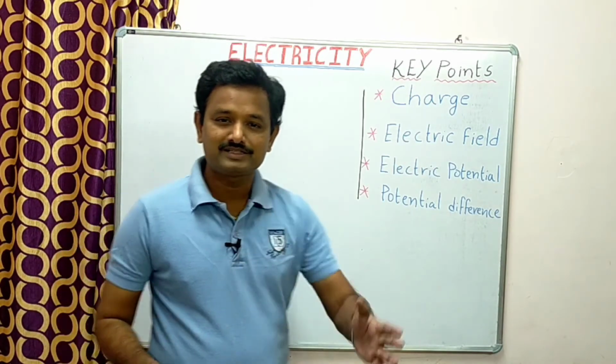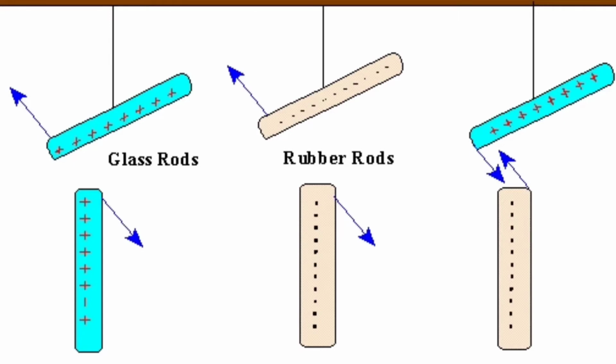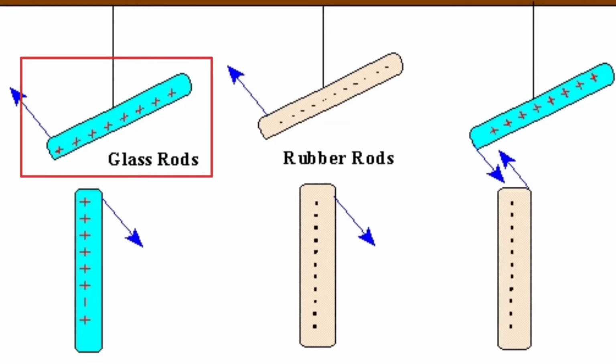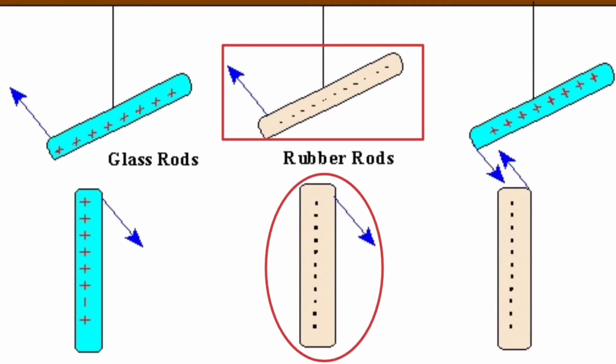Now we will discuss the properties of charge. Now I brought a positively charged glass rod nearer to another positively charged glass rod which is suspended with silk cloth. I observed that the suspended glass rod moved away from the glass rod which was brought nearer. The same thing happens with two rubber rods, both having negative charge.